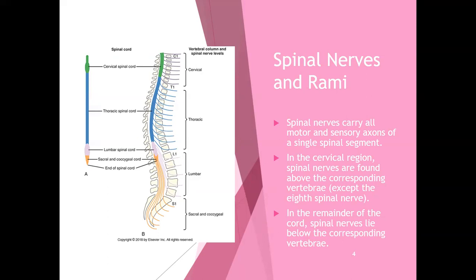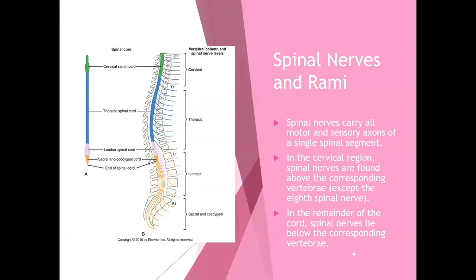So the spinal cord itself has vertical grooves on the external spinal cord. When we look at some of the drawings of it, you'll see how they represent those vertical grooves. There's a deep anterior median fissure, and on the posterior or dorsal side, there's a shallow median sulcus.